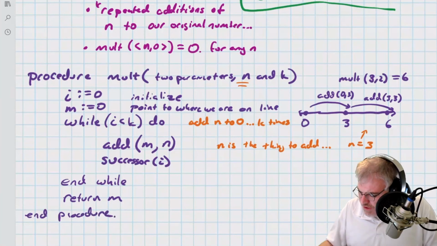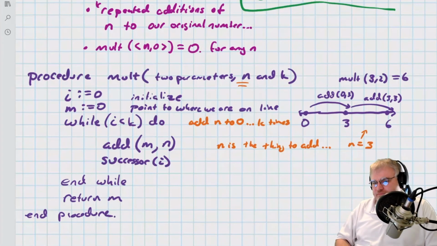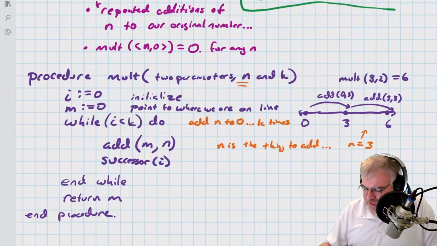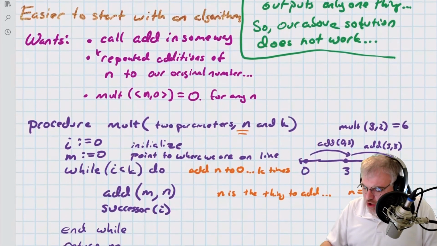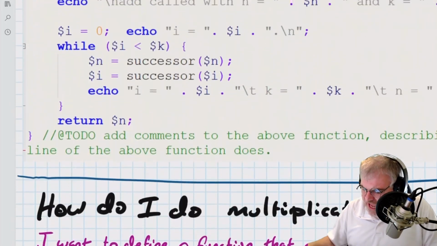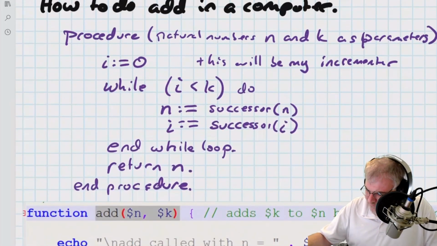Well, I did initialize it. So n was a parameter. It came in. So when I call mult, when I call this function here, the n becomes the k in add. So m becomes the n in add, and k becomes the n.